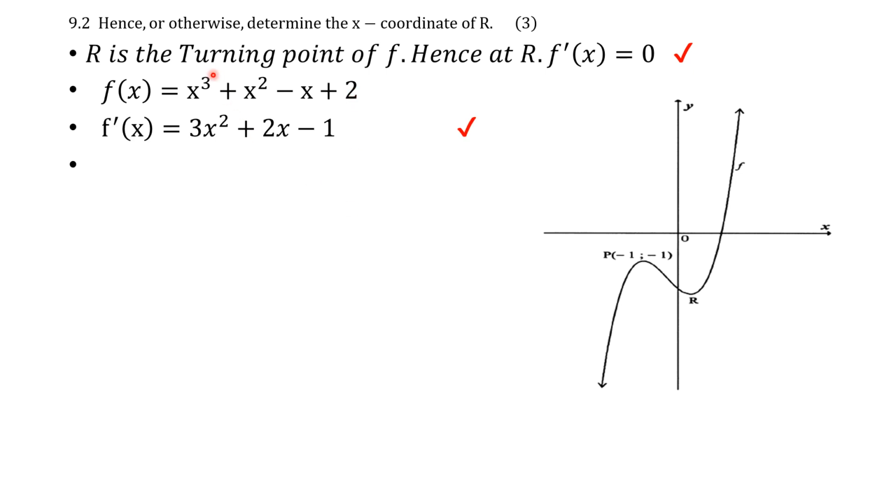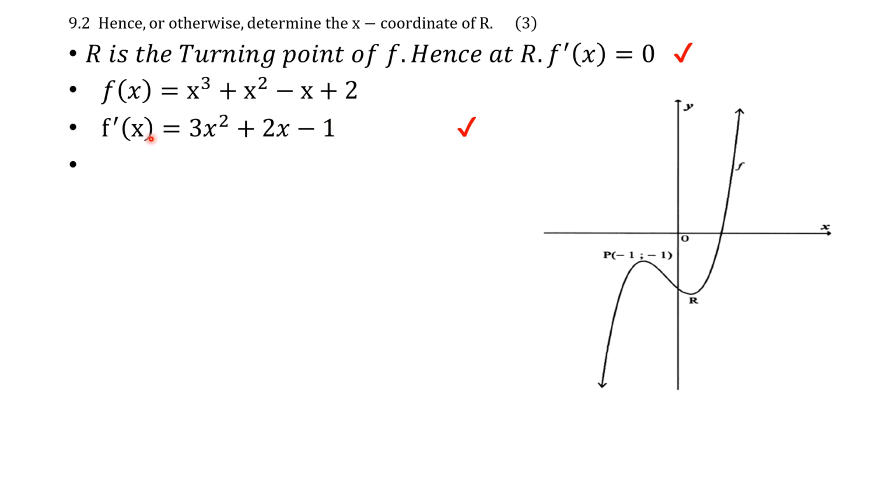Right, so there, 3x squared plus 2x minus 1. So you can see there 3 times 1, 3 minus 1, 2 times 1, 2 minus 1, x. 1 times negative 1, x to the power 0 falls away, and the first derivative of a constant always equals 0. So 1 mark for getting the first derivative correctly.